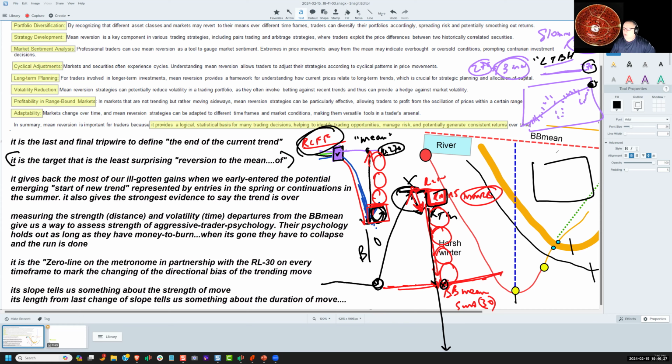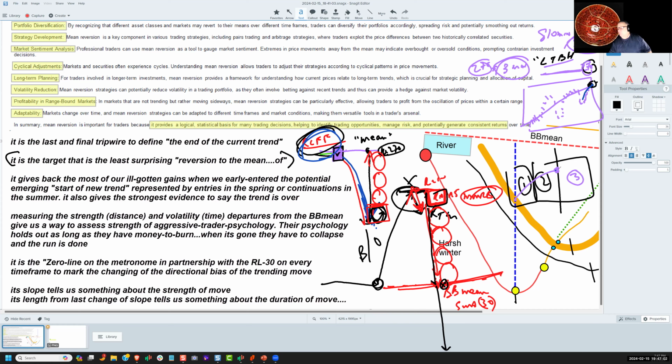So now if these were the 2 days, 1 and 2, and the RL270 had printed up in here near the high, just like this one, and now all of a sudden on day 3, price action, and we're going to say, for purposes of the RLFF, the RL10 is up in here.